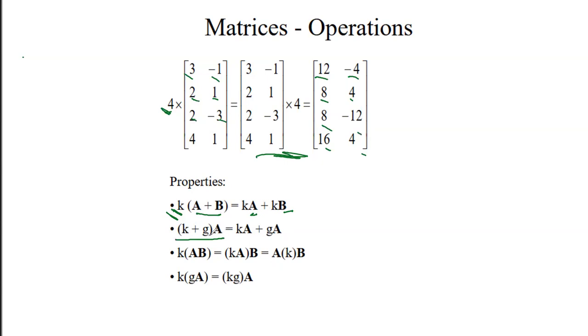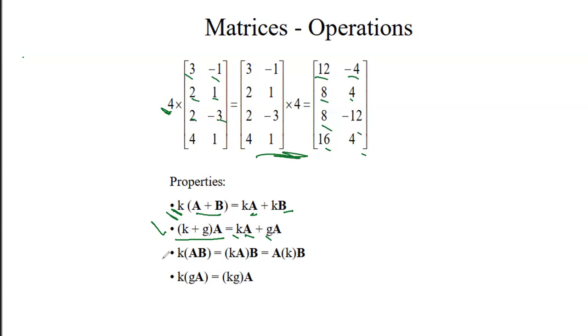Sorry, this next one is if you have two scalars in front: you add them and then multiply, and it's the same as multiplying the matrix by each scalar and then adding. It's a little strange property. I've never seen it applied anywhere, but it's true.